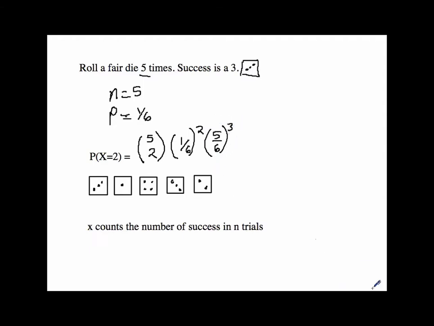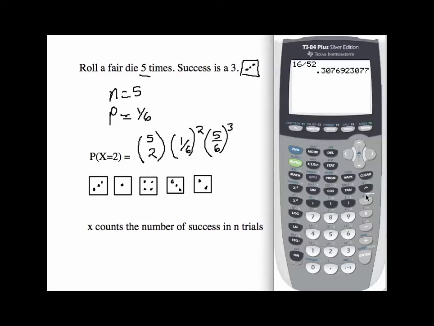So how do I do that calculation on the calculator? Well, I'll do it once really quickly by hand, and then I'll show you how we'll do it using the distributions menu. So one time by hand, here we go. Let's clear that out, and I got to go 5, math, probability, number 3 for nCr, put in a 2. So that's the number of ways that this can happen, all right?